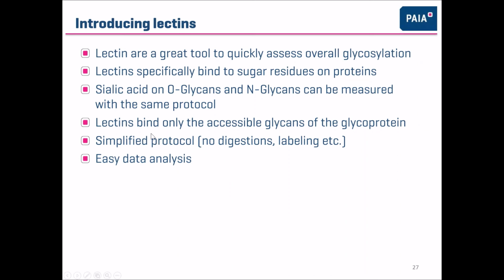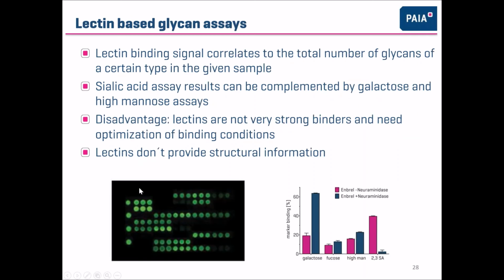The lectins bind only the accessible glycans on the glycoprotein, which we believe is the important part of the information. The protocols are rather simple, so there's no digestion involved, no labeling, etc. And the data analysis is also rather easy.